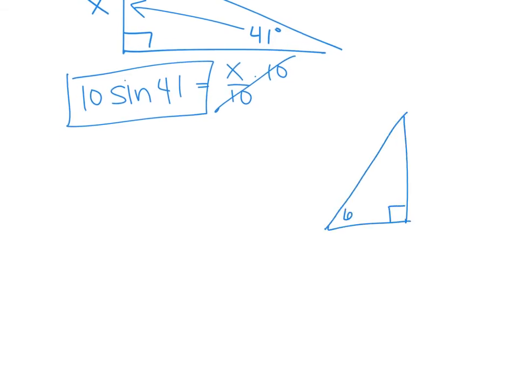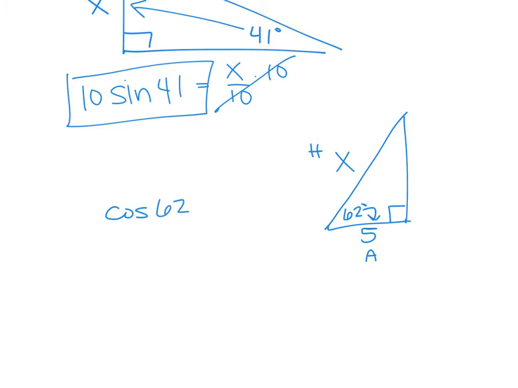What do you do with this one? This is 62. This is x, and this is 5. Which trig function? It's not tan. It's not sine. It's cosine, right? You have the adjacent and you have your hypotenuse. So it's going to be the cosine. And what always comes after the trig function? The degree. How many degrees your angle is.